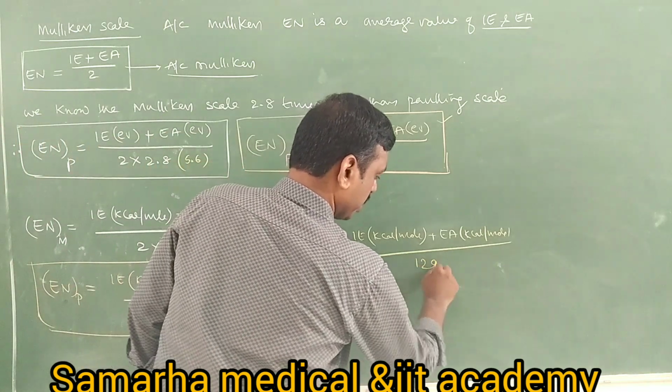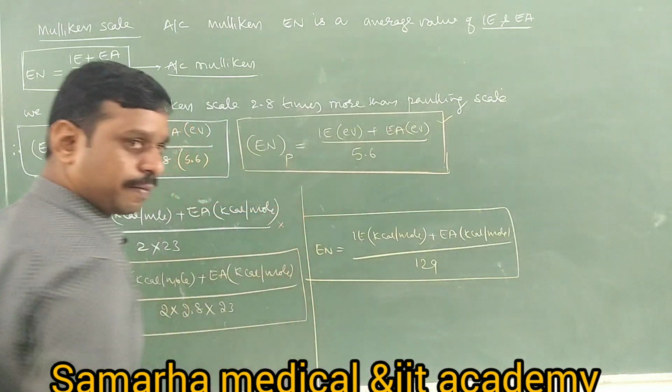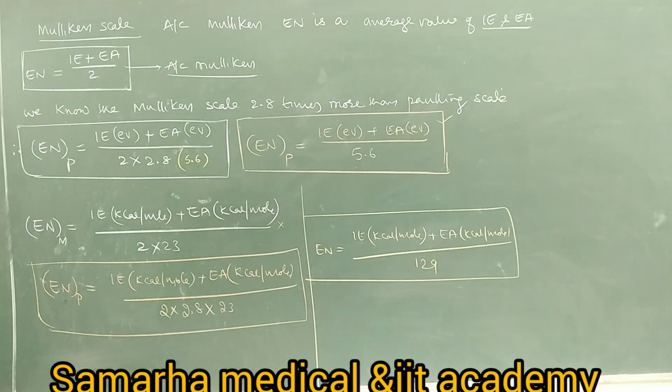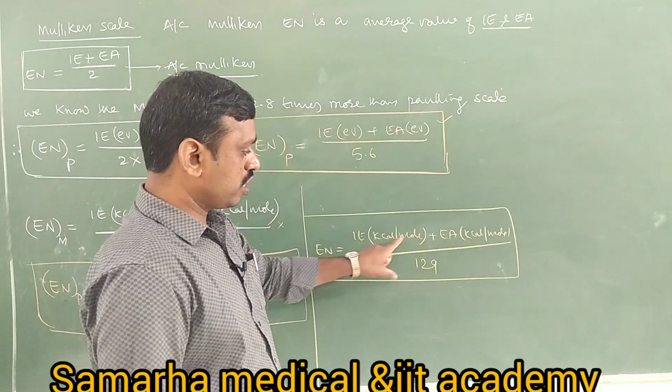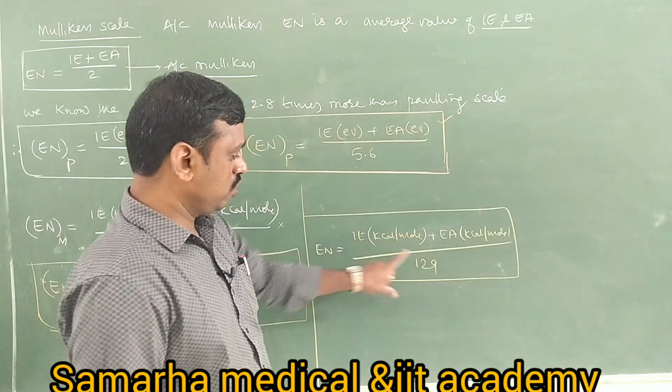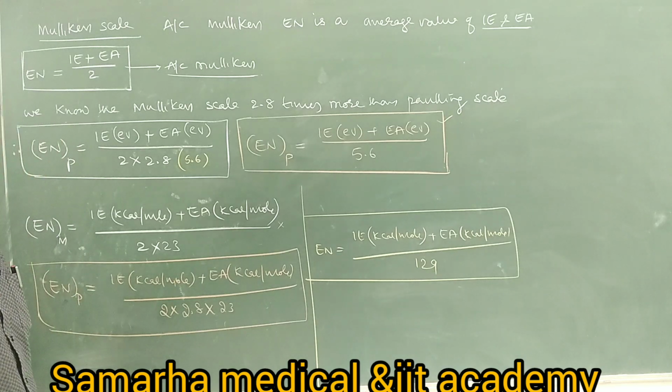Okay, 129 approximately. This is one more formula. If they give ionization enthalpy and electron affinity, both in kilocalories per mole, use this formula. There are problems given in our books also.